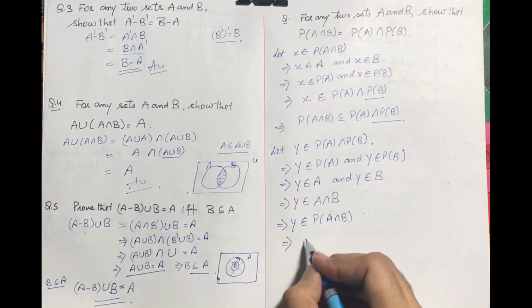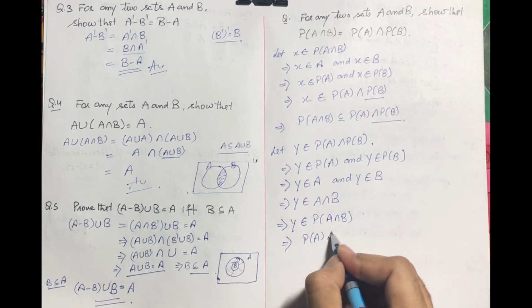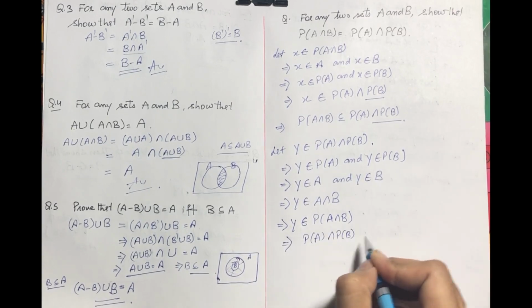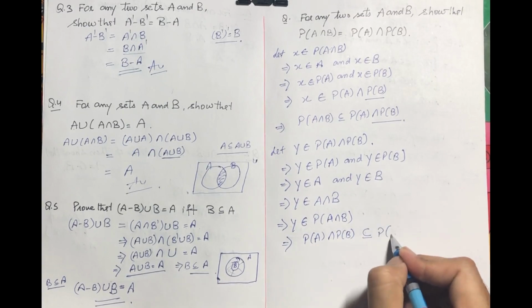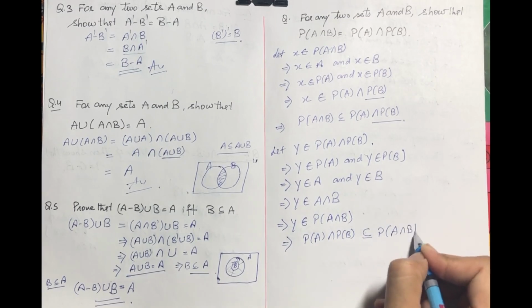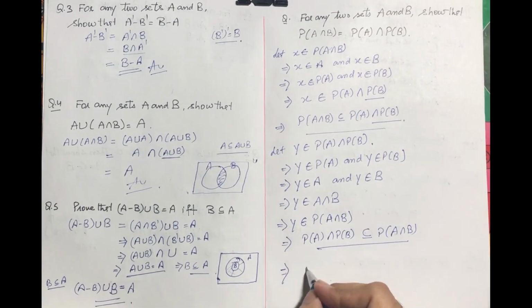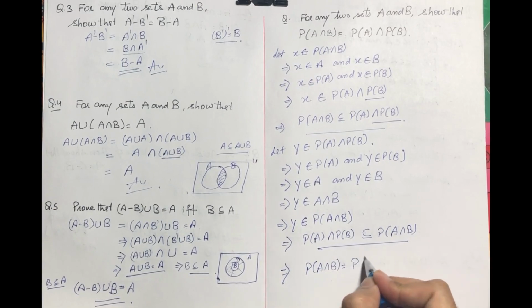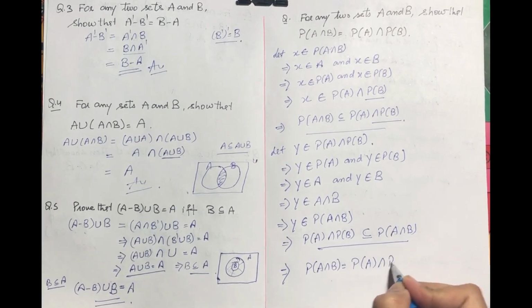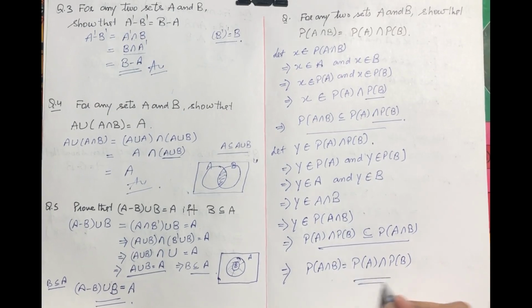Which means P of A intersection P of B is contained in P of A intersection B. So from this and this, we have P of A intersection B is equal to P of A intersection P of B. Hence proved.